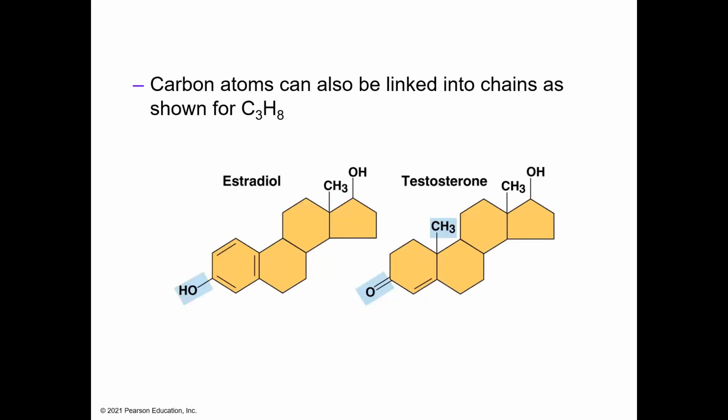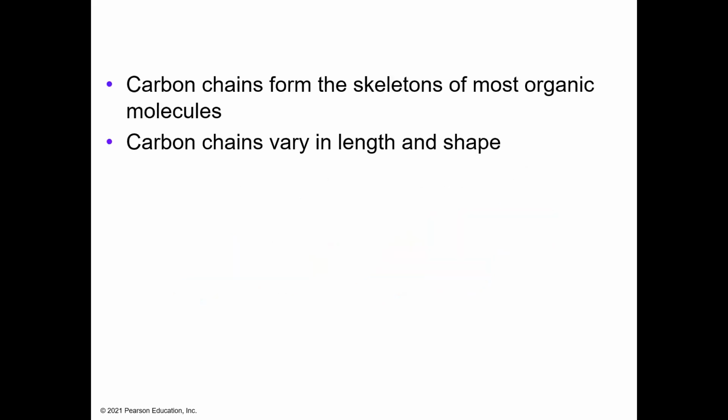Carbon atoms can also be linked into chains, which is shown here in the steroids, which we'll cover in the next chapter. But carbon is responsible for forming these chains and rings of chains. And so carbon chains form the skeletons of most organic molecules.